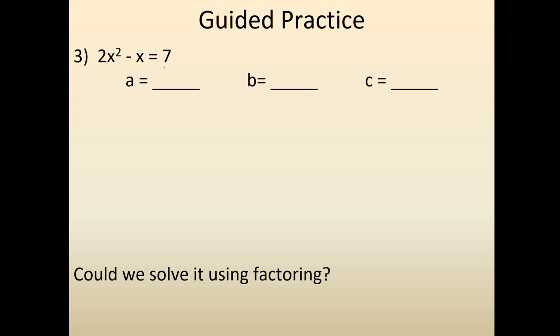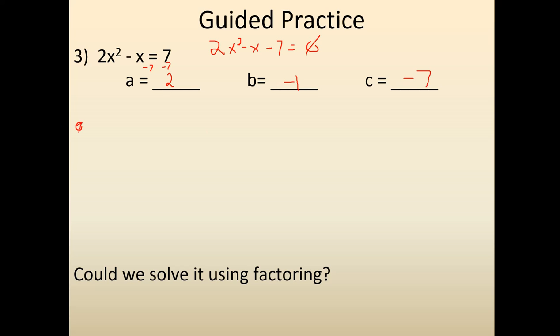All right, once again, subtract the 7. We want to get everything all to one side. So 2x squared minus x minus 7. I'm going to try to go a little bit quicker with the quadratic. So a is going to be 2, b is minus 1, c is minus 7.